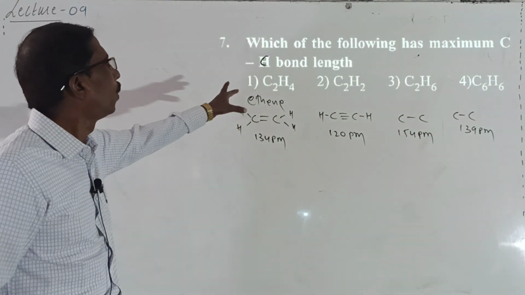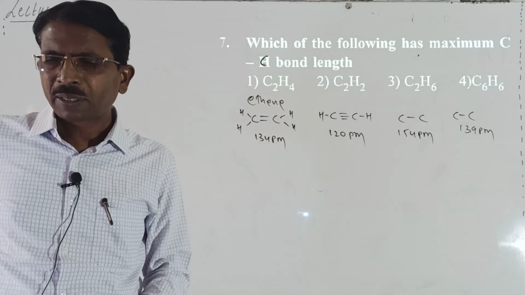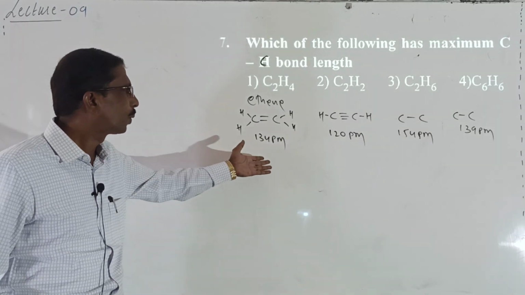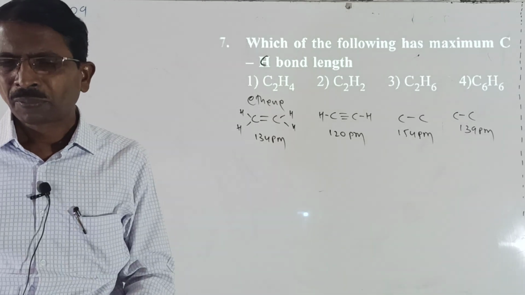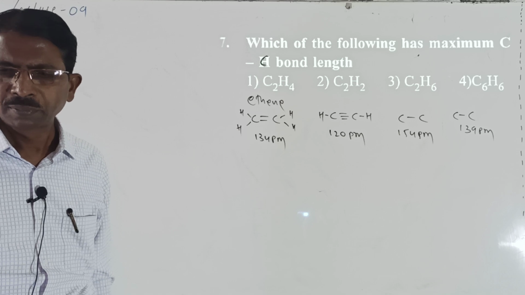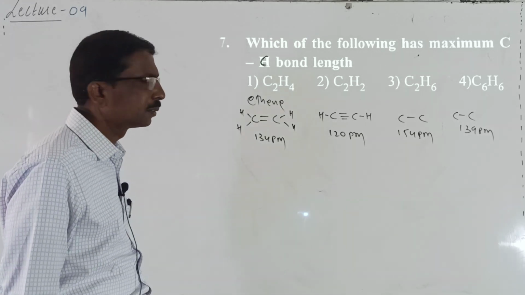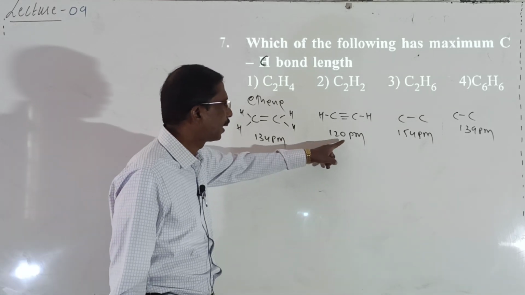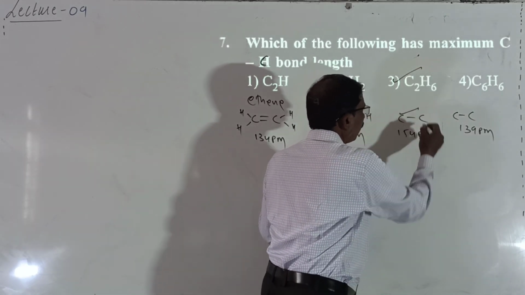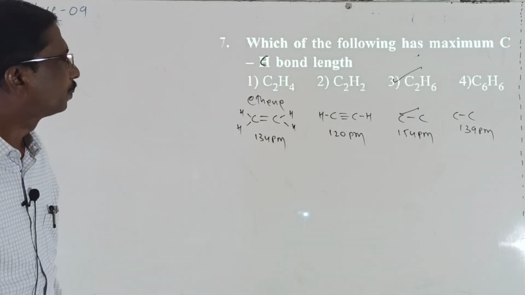Look here, students, which of the following has maximum carbon-carbon bond length? I have written all the answers also. So here it is 120, 134, and the answer is 154 picometer. Very simple.